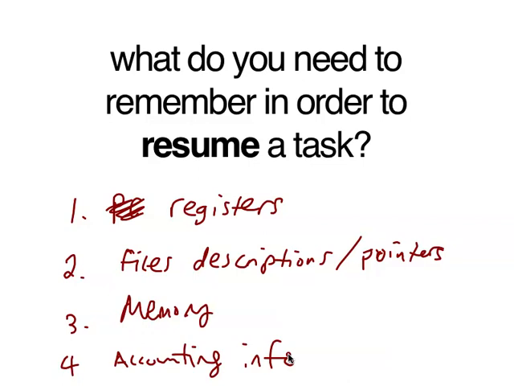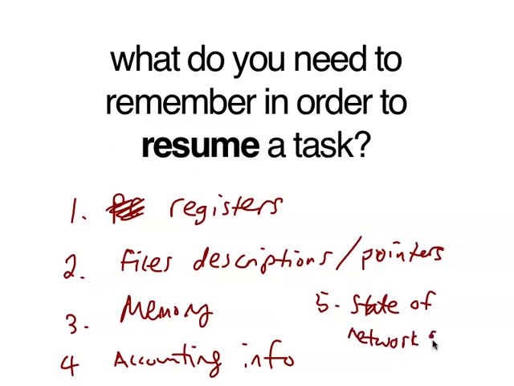Now, when you suspend a task, you have to remember all of this information, so that when you resume, you can continue doing your bookkeeping. You don't want to reset everything back to 0 every time you resume a task. So this is some information that you need to remember. There are other things like, for example, the state of the network socket as well.